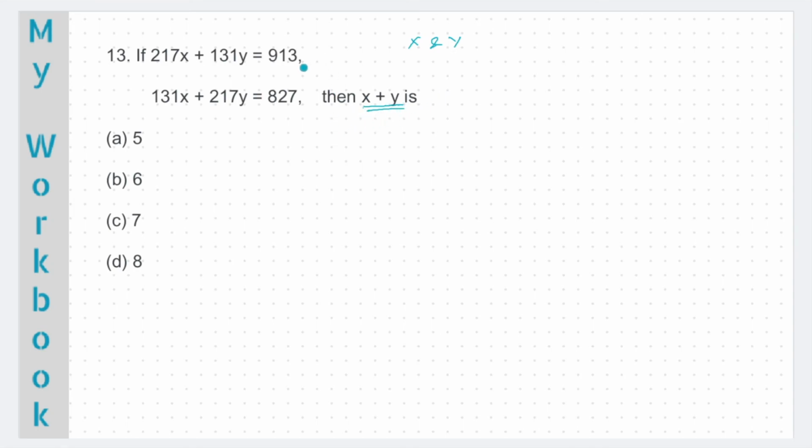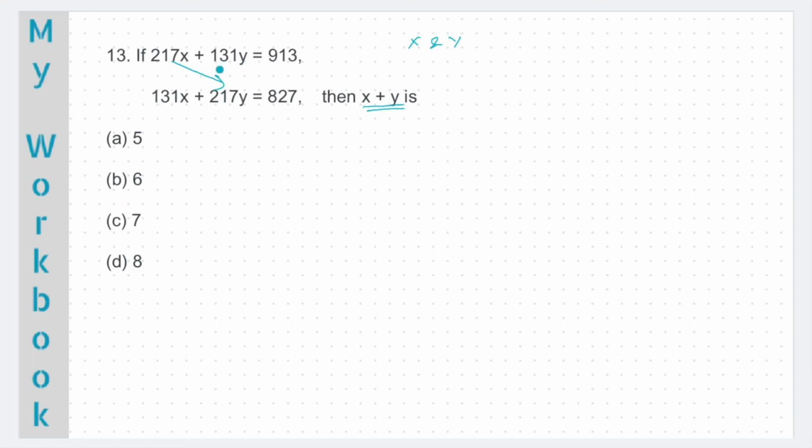When you're given a pair of linear equations, we can solve using the elimination method, substitution method, or cross multiplication method. But here you see that the coefficient of x is the coefficient of y in the second equation and vice versa.